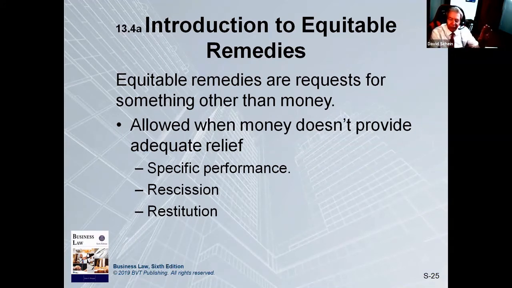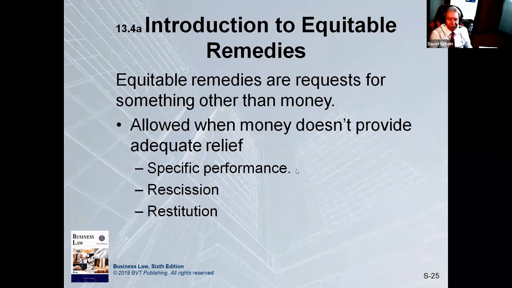You had to either go to a court of law or a court of equity. In the United States, we have across the board merged those courts. So you can go to a judge and say, I want money and I want an injunction. But that's because we have merged law and equity for virtually all purposes. But just so you're aware that there are two different concepts at work here.